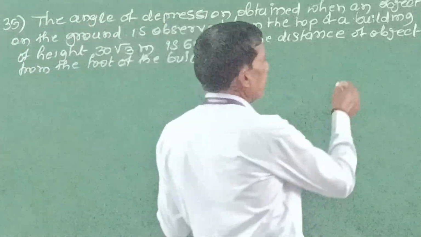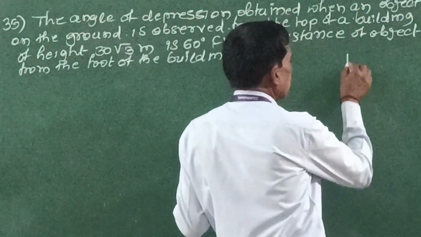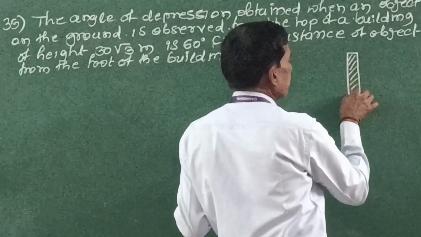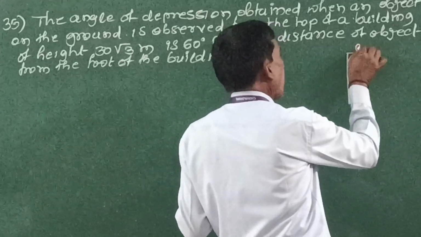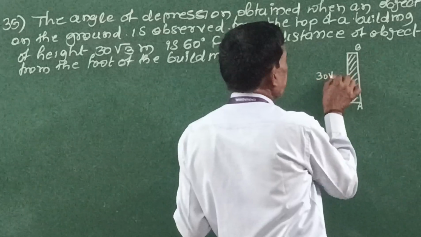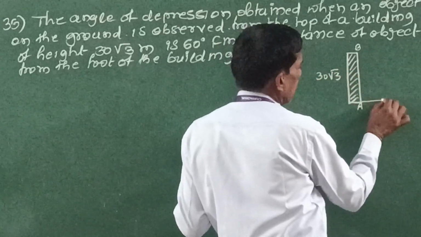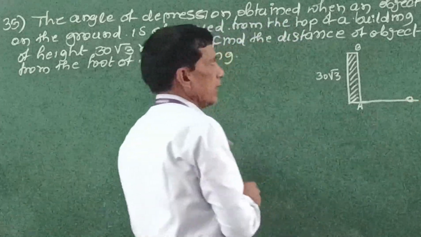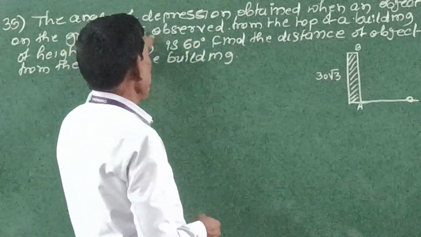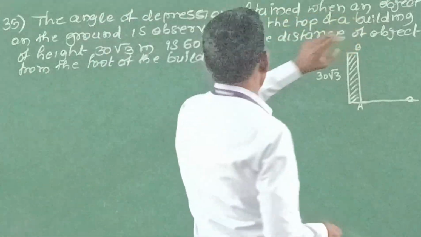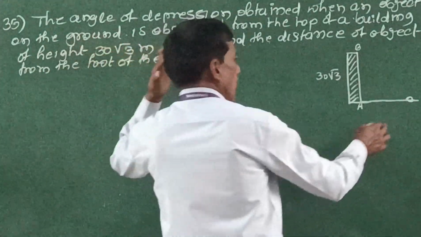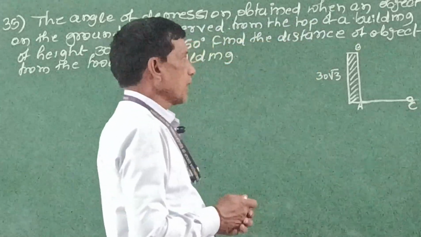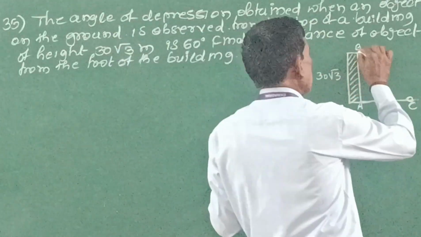There is the diagram of the building AB. AB is the building, of height 30 root 3 meter, and this is the ground. The object on the ground is named C. The person looks at point C, the object.